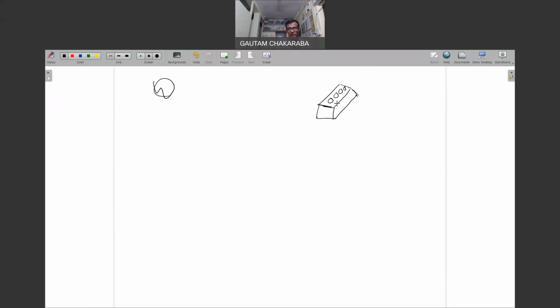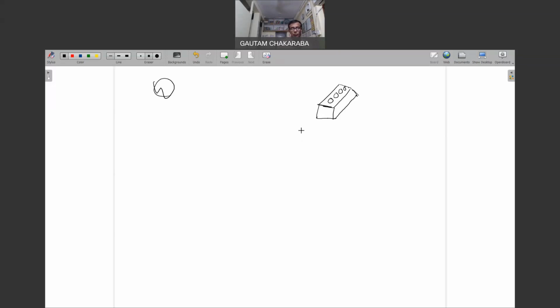So that means this is the cuboid and 4 holes are here, and each hole is in the form of a cone. So find the total volume of cuboid minus volume of cone.